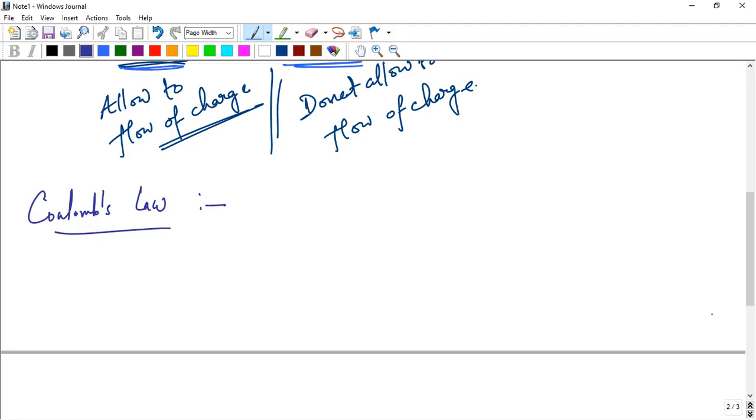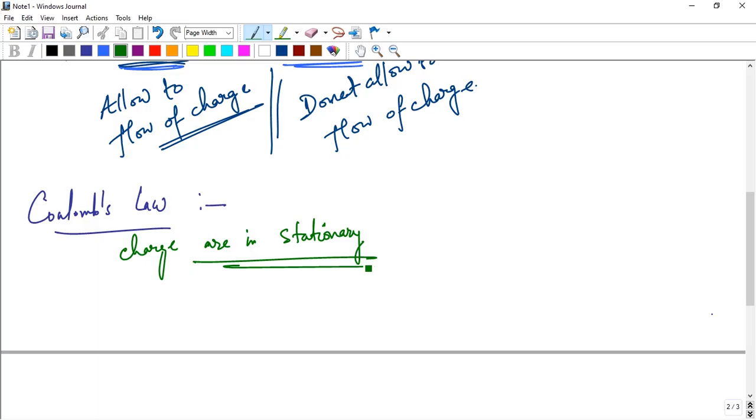Keep in mind here that the charges are stationary. So there is a force of attraction or repulsion between two stationary point charges.